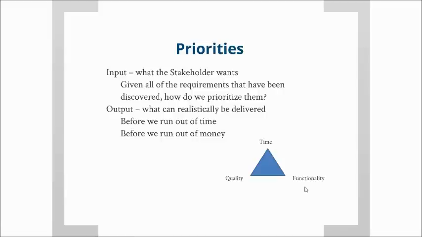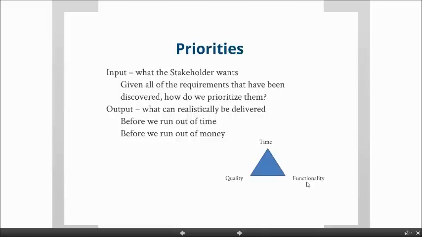So for example, if the customer says, I want all the functionality in the requirements, and I want it all done, not in 6 months, but I want it done in 3 months, I own, guess what? I own the quality. And what kind of quality are they going to get? They're not going to get very good quality.